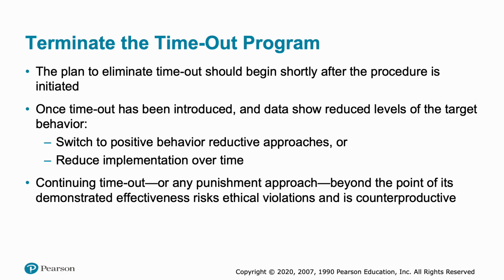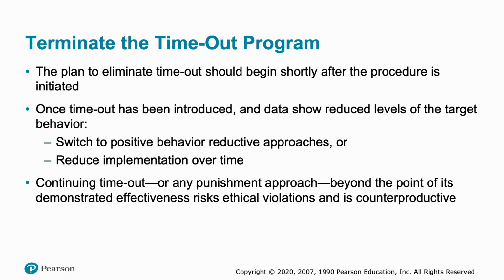Okay, and as we are implementing the intervention, we need to be sure that we are monitoring progress with the intervention. As soon as we are seeing a reduction in the behavior, then we need to consider possibly shifting gears into a less intrusive or less restrictive intervention.